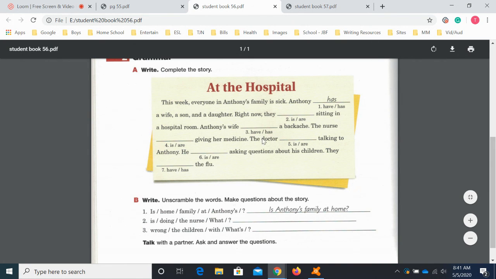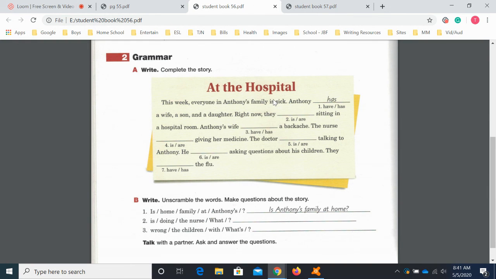This one have or has, is or are, have or has. So we are either using have or has or one form of the verb to be. Remember, everything is dependent upon the subject if it's singular or plural. So complete the story, and the title of the story is At the Hospital.